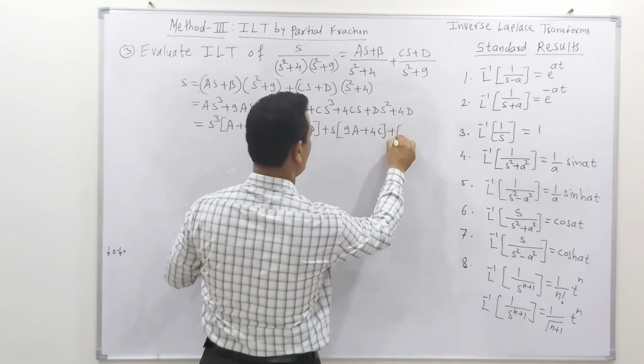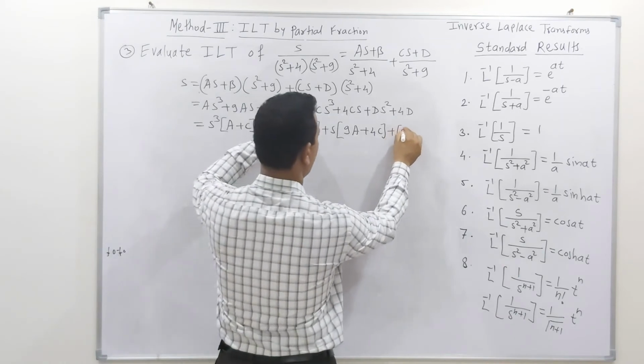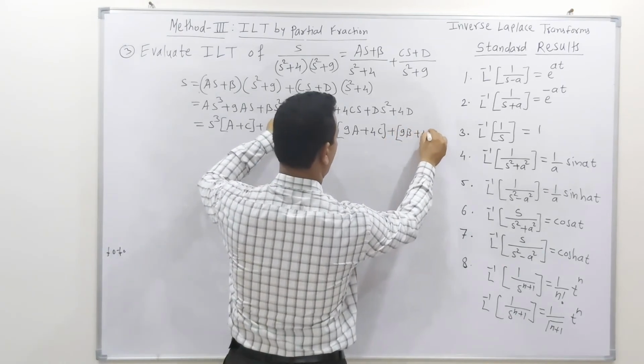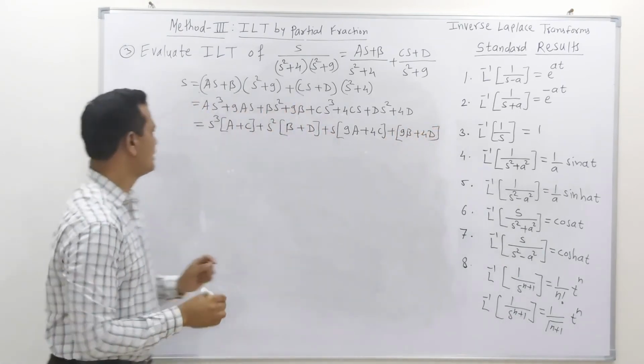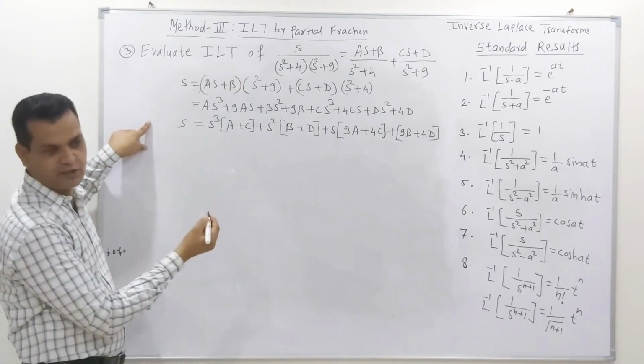Then the constant terms together: 9b plus 4d.